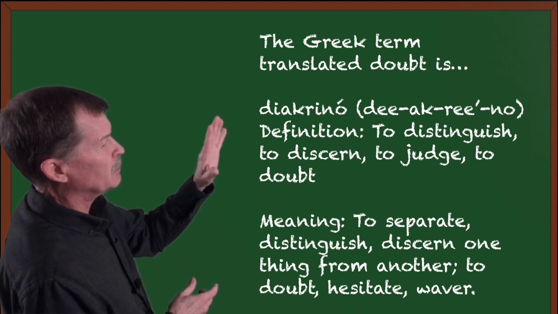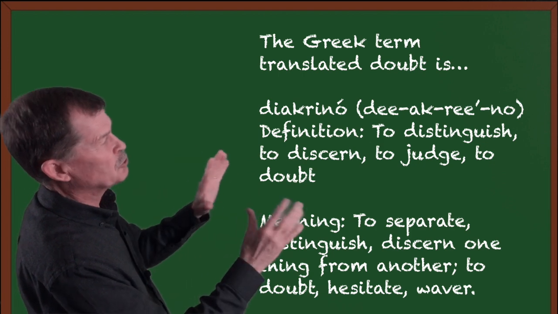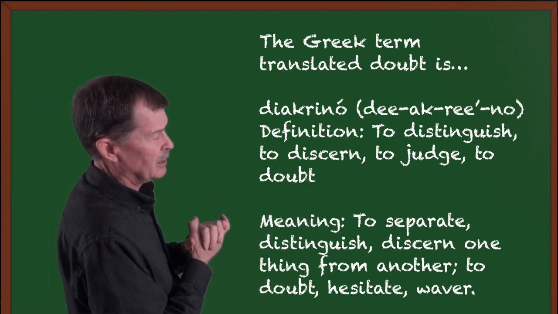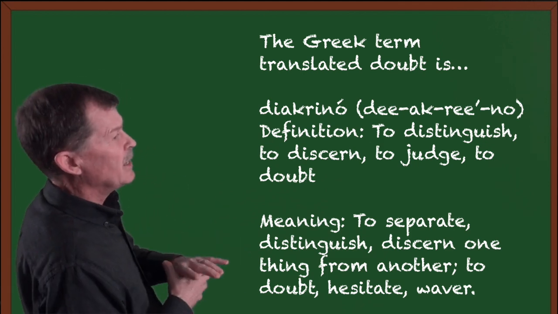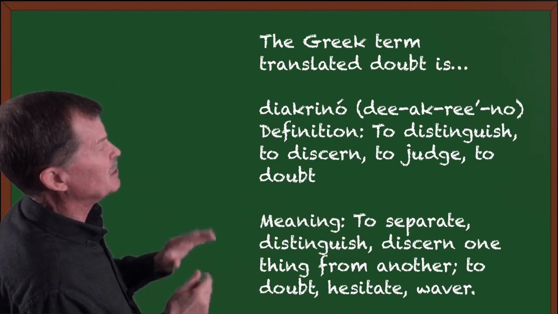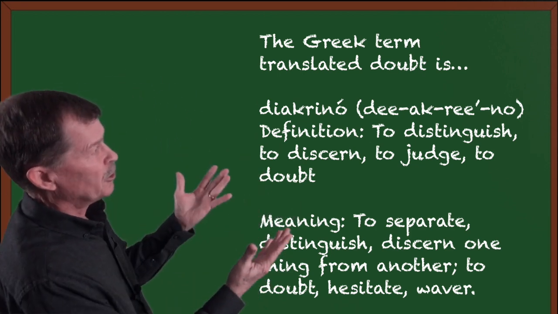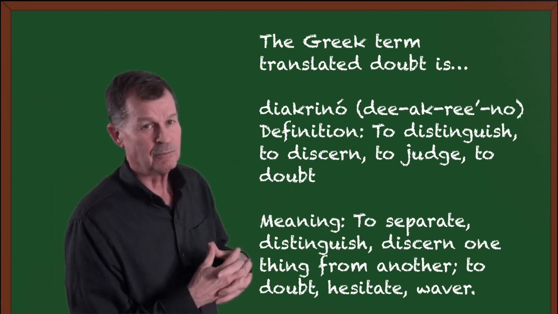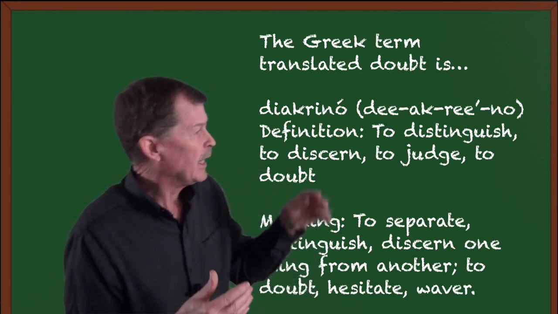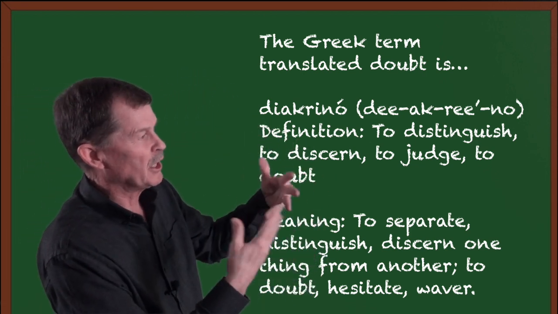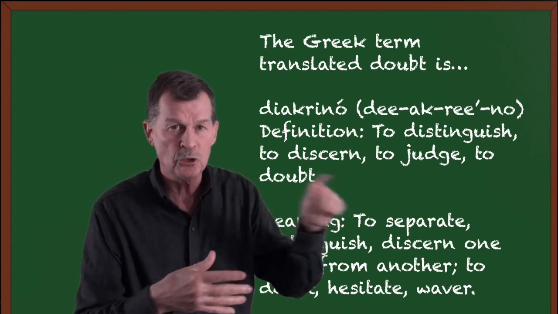In the Greek New Testament, the Greek term translated doubt is diakrino. Diakrino is what has been translated doubt in the New Testament. But what does that term actually mean? That term actually means, the definition is to distinguish, to discern, to judge, to doubt. So in other words, in your process of discerning, in your process of distinguishing, in your process of judging, you doubt one is true.